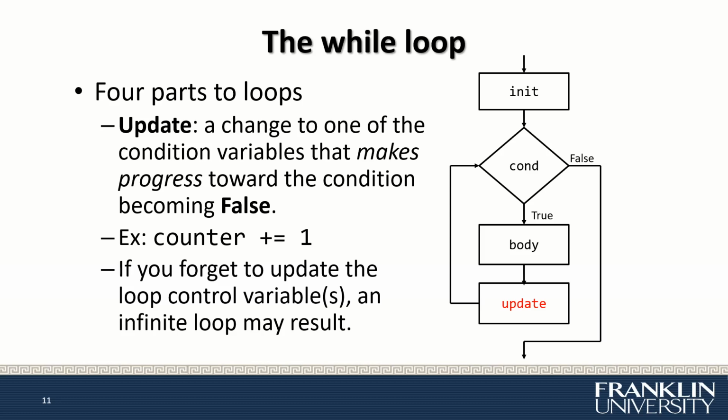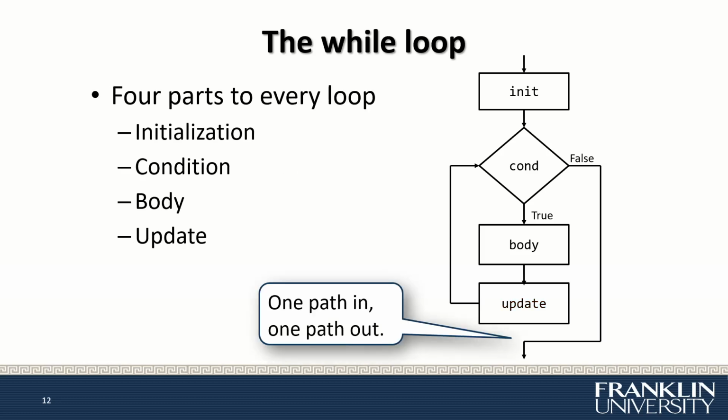This is one of the most common problems: sometimes people forget to update the loop variable and it results in an infinite loop. So four parts of every loop: initialization, condition, update, and body. One pass in and one pass out.